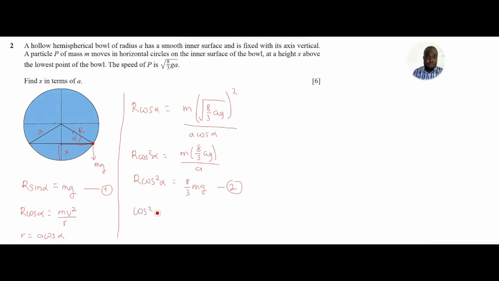Now on the left hand side, I like to rewrite this as this, and multiplying 3 by 3, I would have this.